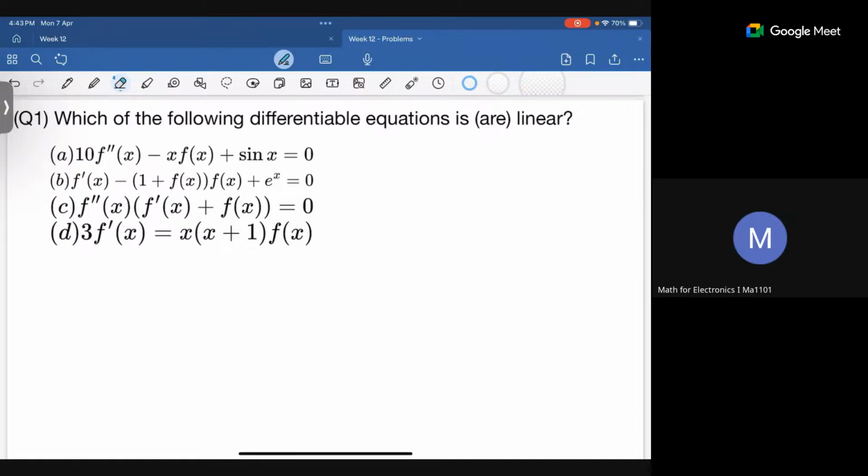So the question is which of the following differential equations are linear. All right, I don't think this will require more than 3 minutes. Let's see. Any answers from anyone?